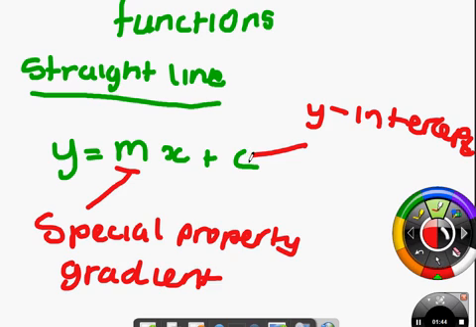And the number which is by itself, which does not have a variable, is called the y-intercept. This is the y-axis, this is the x-axis. The y-intercept is any point which the graph passes through on the y-axis. Let's say this is a line and it passes through that point, this then becomes the y-intercept.